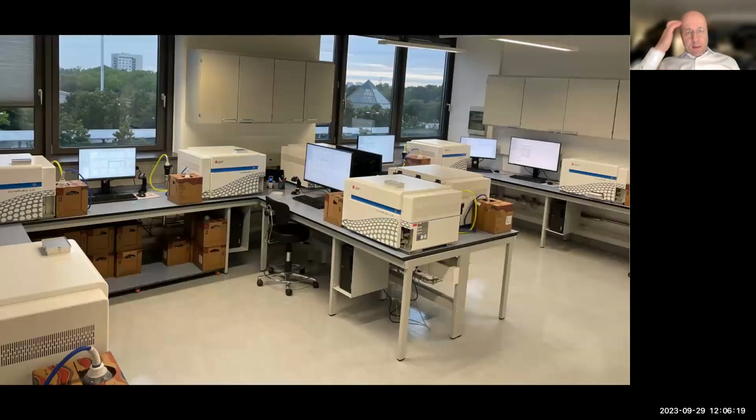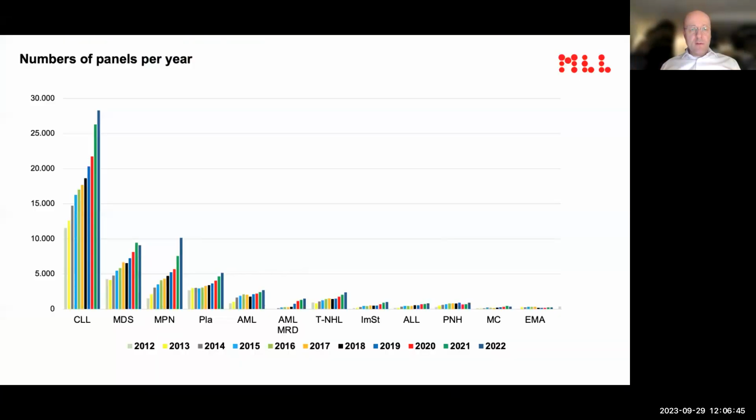And this is then our first automation room. At the moment, we have 10 systems which are capable of 21 colors, which we operate in routine diagnostics. We apply 10-color panels, and we're just switching to 16-color panels. They are in the process of validation.